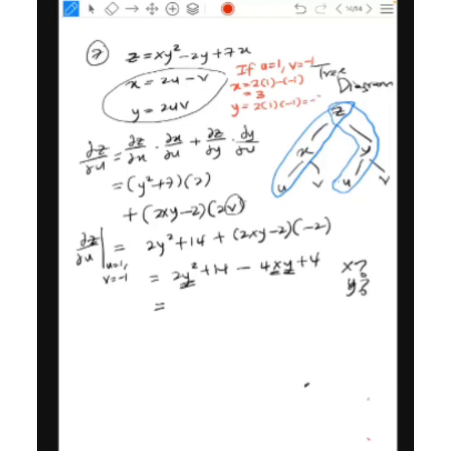So substitute that into our equation. We get 2 times 2 squared, plus 14, minus 4, with x is 3 and y is negative 2. So it's negative, but negative squared gives positive too.